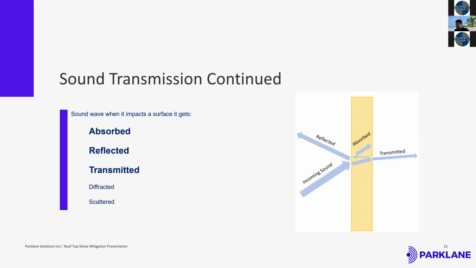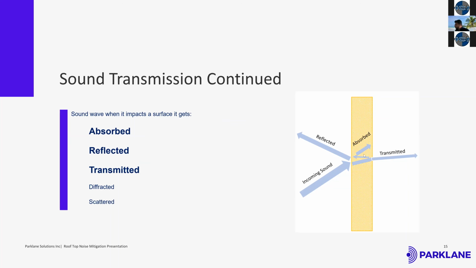When we talk about sound transmission, there are various ways that it gets transmitted, and here I talk about 5 of them, but really I want to focus on the 3 because they are the most common. Let's say in this example there's an acoustic wall. When the sound hits the wall, it could get reflected, it could get absorbed, and it could get transmitted.